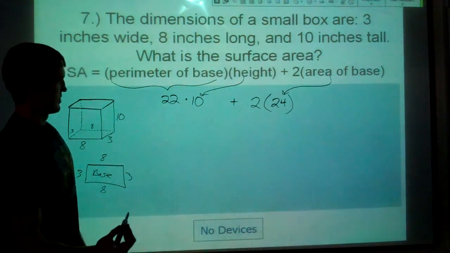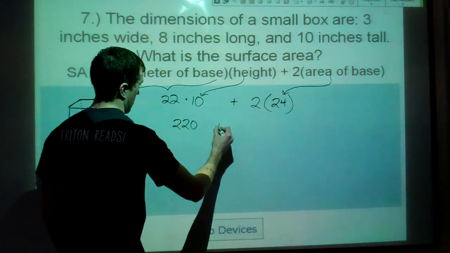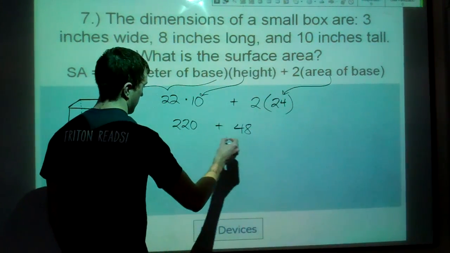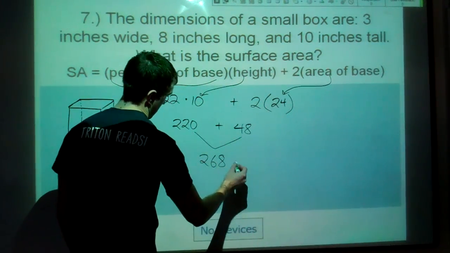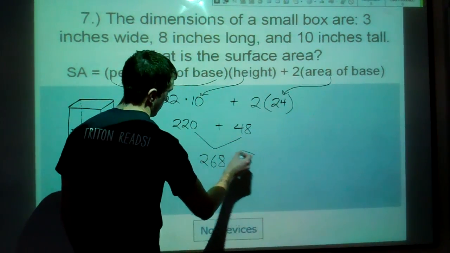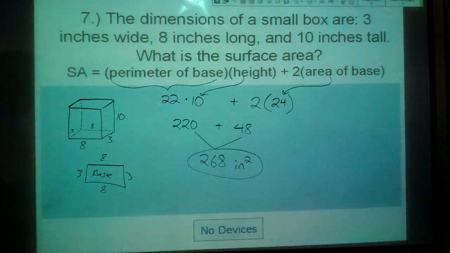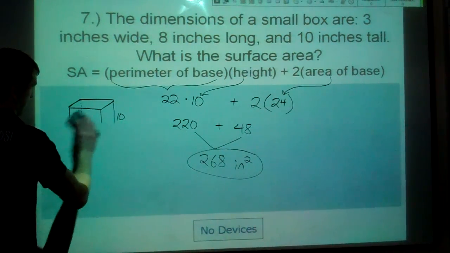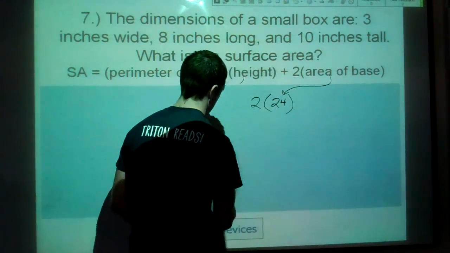Okay, now we have all the pieces we need. 22 times 10 is 220, plus 2 times 24 is 48. Add these two together, and we get 268 inches squared, or square inches, okay? Because we're talking area, or surface area more particularly. Okay, so remember the base is the big thing to base that question off of. No pun intended.